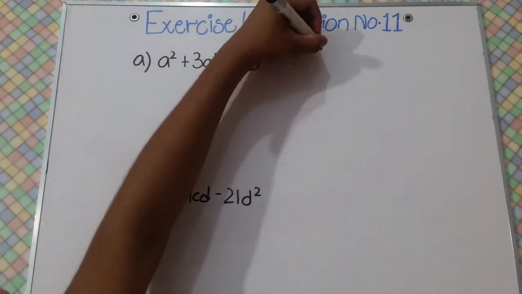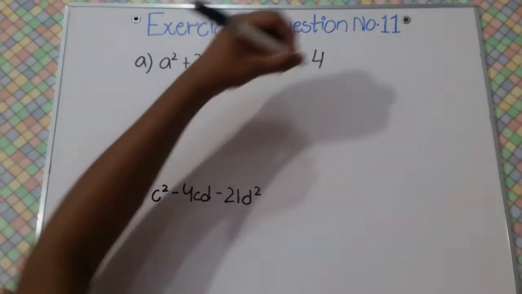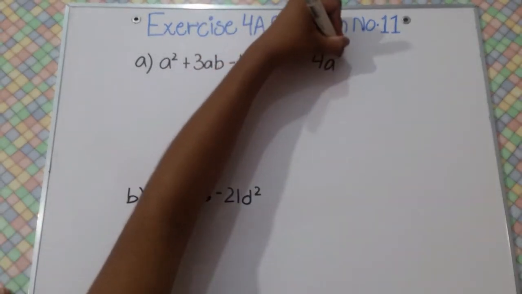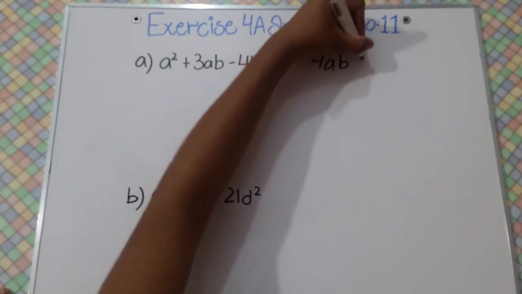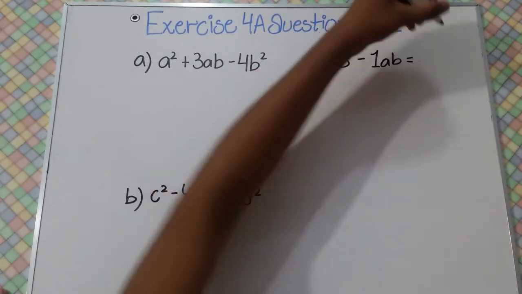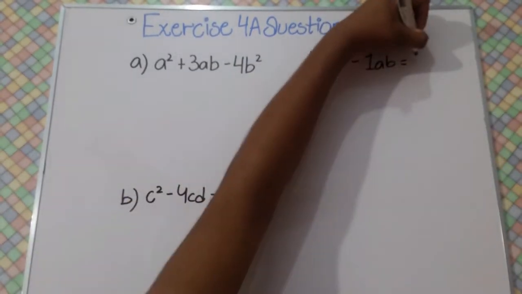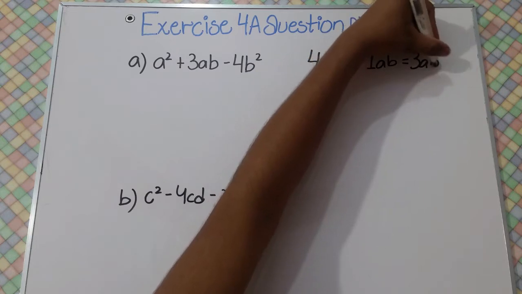So if we subtract 4ab with 1ab, the answer would be minus 3ab.